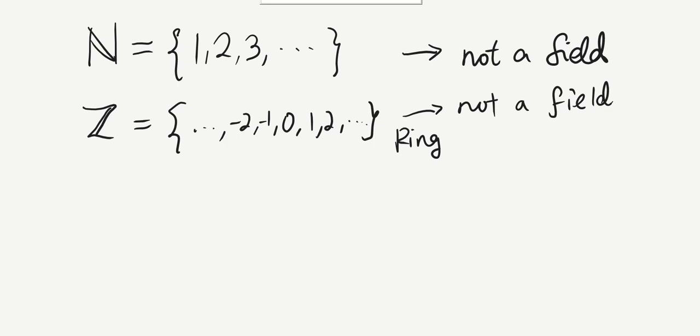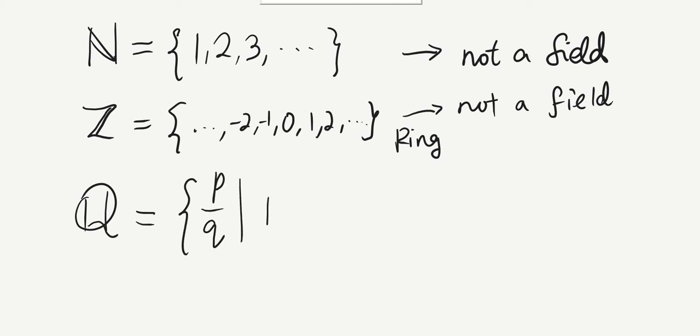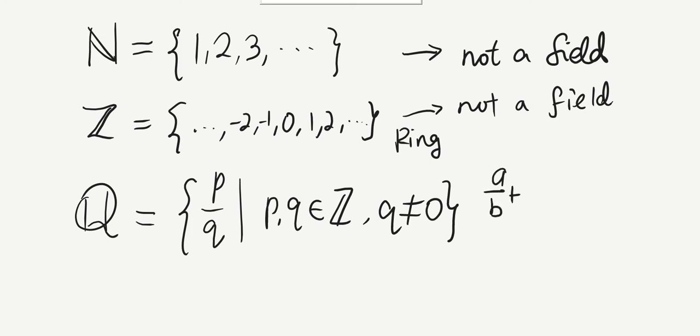Let's look at Q, the set of rational numbers. This is basically defined as the set of all p over q such that p and q are integers and q is not 0. And this is obviously a field. Why? When we have two rational numbers and we add them up, we get another rational number.